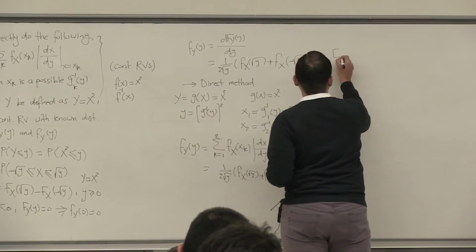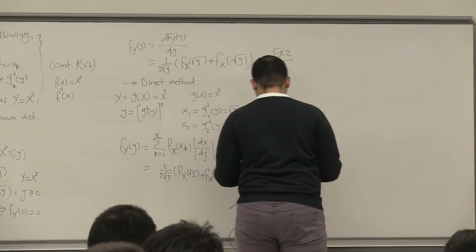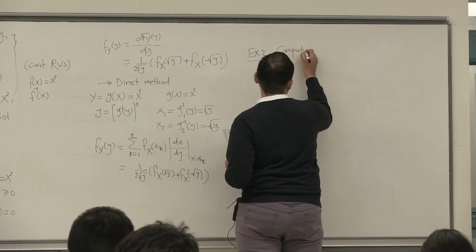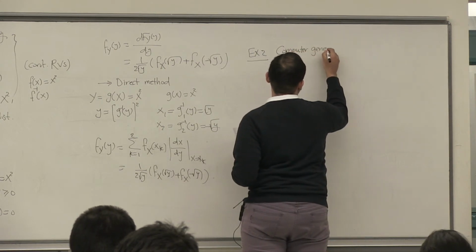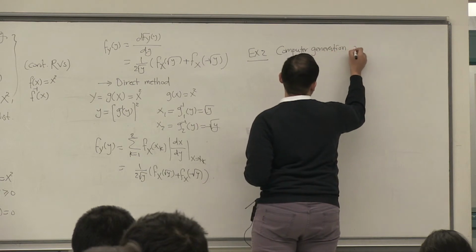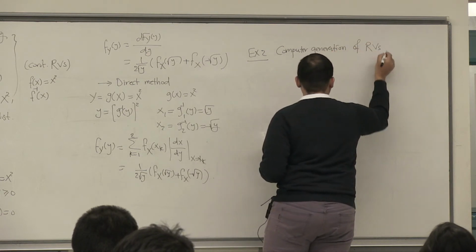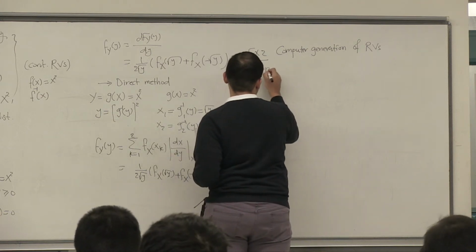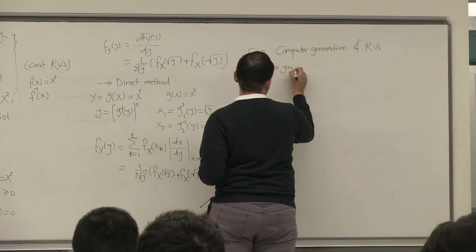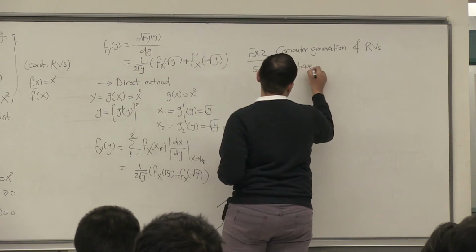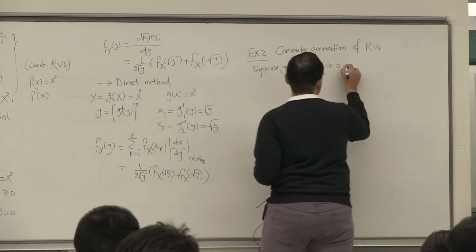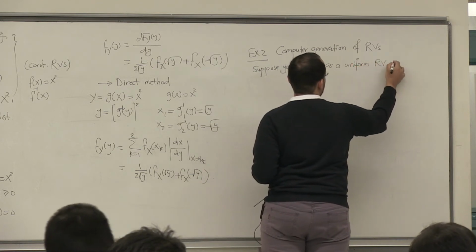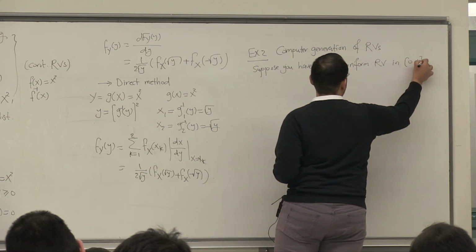Okay, example 2. Computer generation of random variables. Suppose you have U as a uniform random variable in the interval 0 to 1.